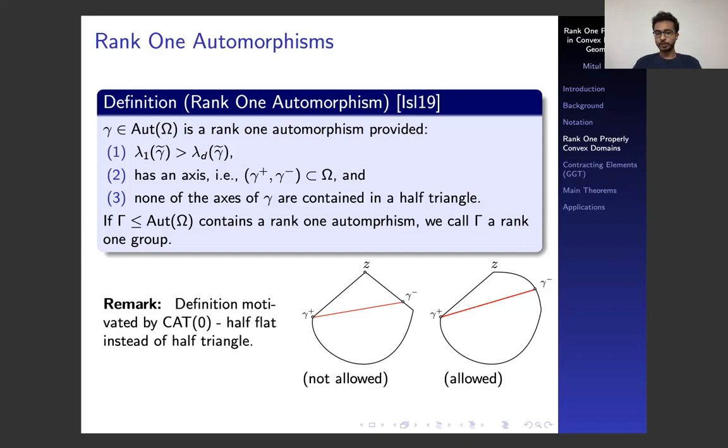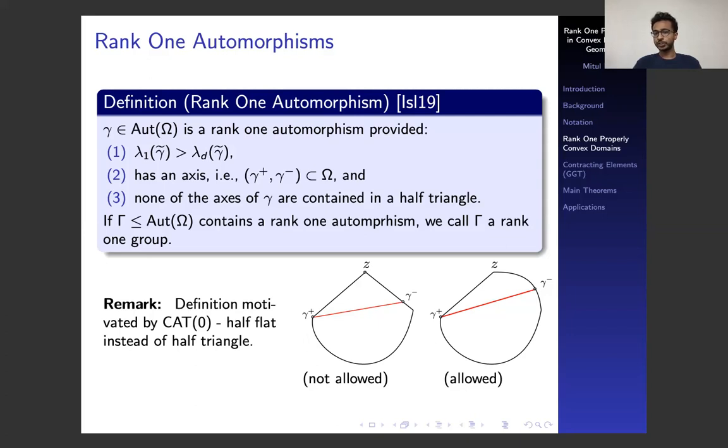In that picture, the axis between gamma plus and gamma minus, which is marked out in red, is geometrically contained in a half triangle. What I mean by that is, if you look at the top half of that picture above the red line, then gamma plus, z, and gamma minus determines half of a triangle that contains the axis. This is something that we do not want to see for a rank 1 automorphism.